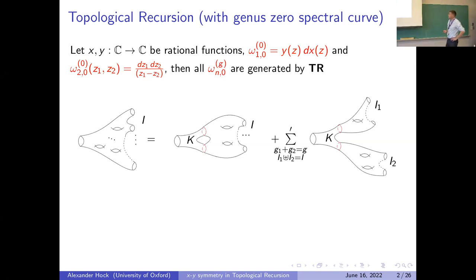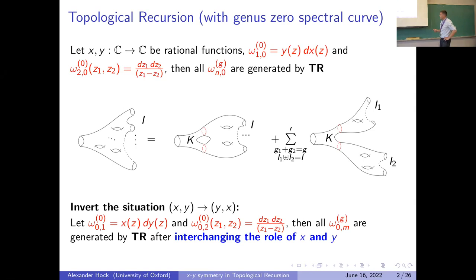And then I go further and just invert the situation. Just change completely the role of x and y. And what happens? You define omega 0, 0, 1 to be x dy, omega 0, 0, 2 to be the same as here, again the Bergman kernel. And then I say all omega 0, m are generated by topological recursion, where we interchange the role of x and y.